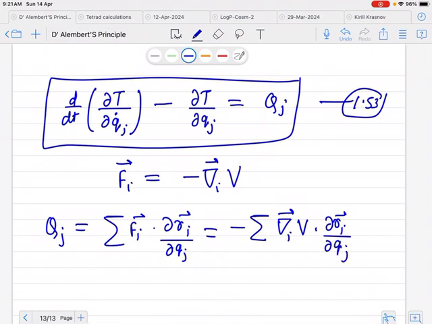Okay, and we can put these things in here. So in short, this Qj we can write as this expression, exactly the same, because V is derivable with respect to r.